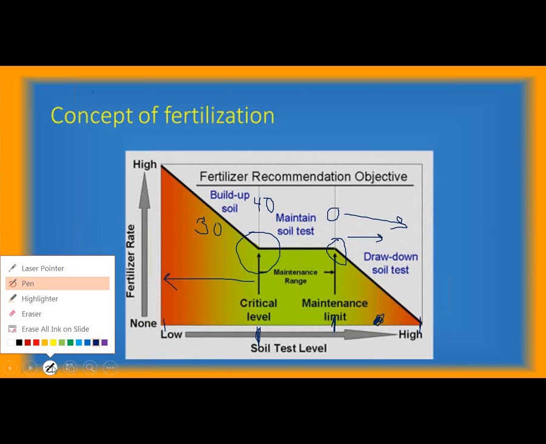Now, if I was writing the exam, I would say, you have this soil, give it a name, and the critical level for phosphorus is X, and the maintenance limit is Y, and your soil test is another number. Then you just have to know whether you're below the critical level, above the critical level, below the maintenance limit, or above the maintenance limit. And all three of those scenarios would have a different approach.